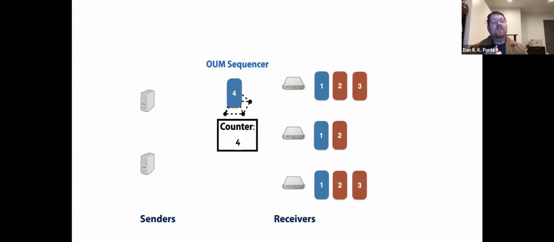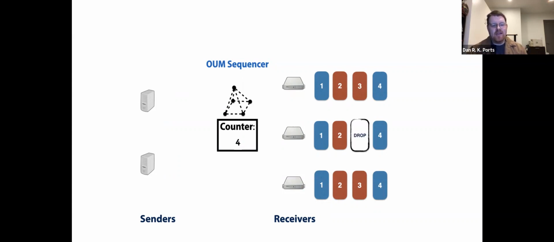But when the next message comes along, message number 4, the replica in the middle can see it got messages number 1, 2, and 4. So it knows that it must have lost packet number 3. And that means that the replication protocol can then go and do whatever it needs to do to figure out what happened to that message.